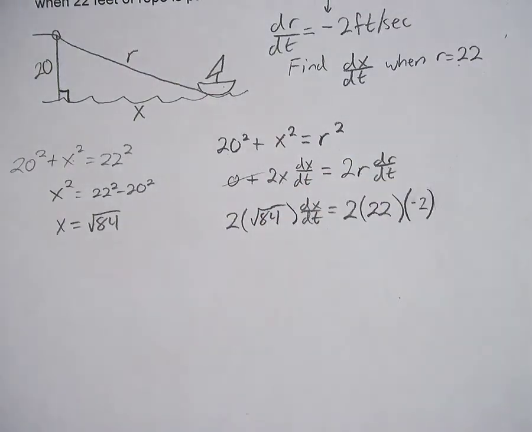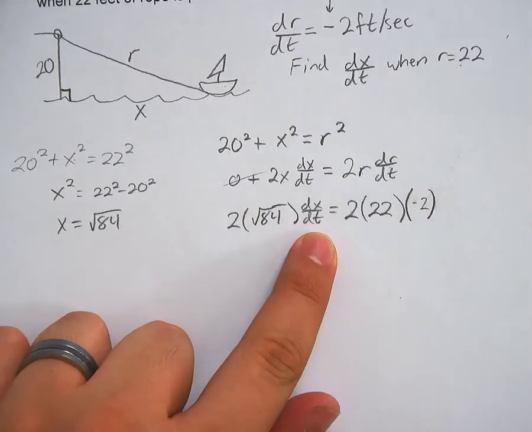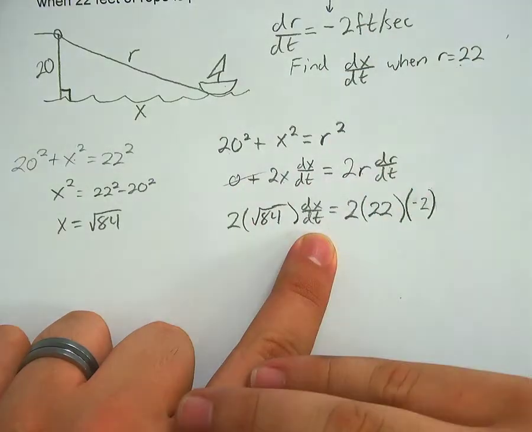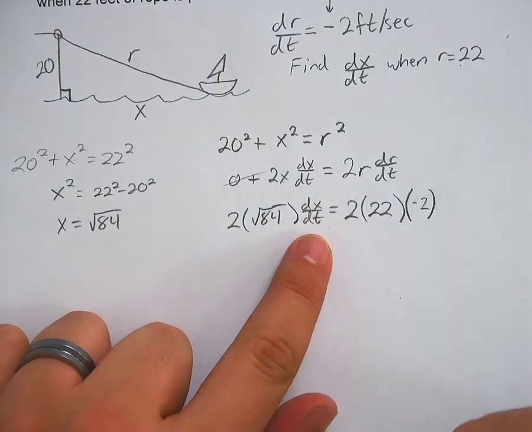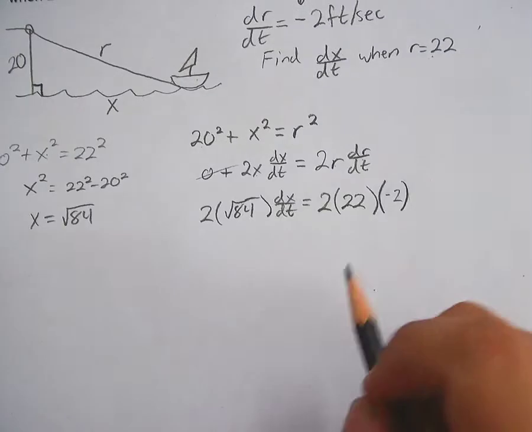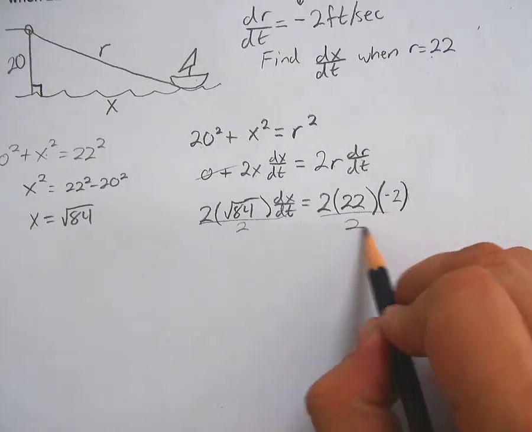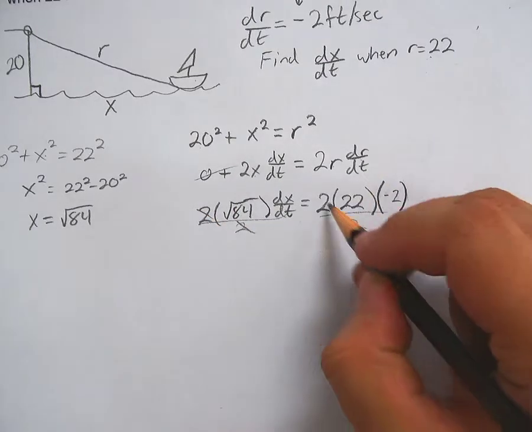Because again, remember, I want dx/dt to be the only variable left. That's the goal. Now I can solve for dx/dt. So let's do this. Let's say we divide by 2 just to get rid of some of this clutter.